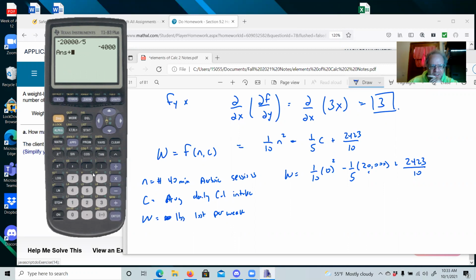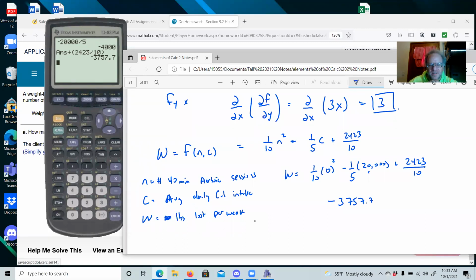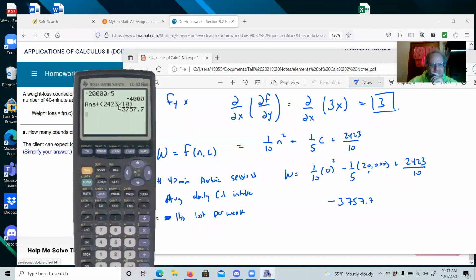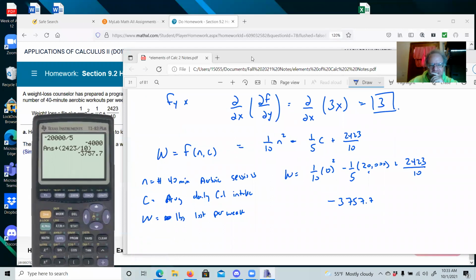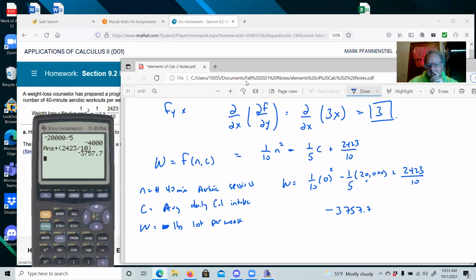And then we're going to add 2423 divided by 10. All right. We got negative 3757.7. Is that pounds? Pounds per week.